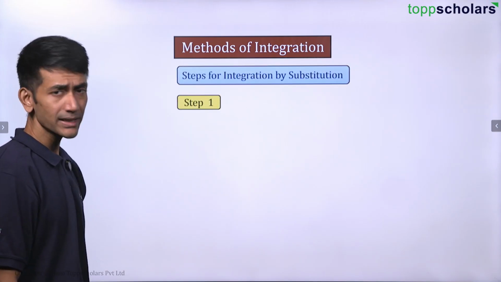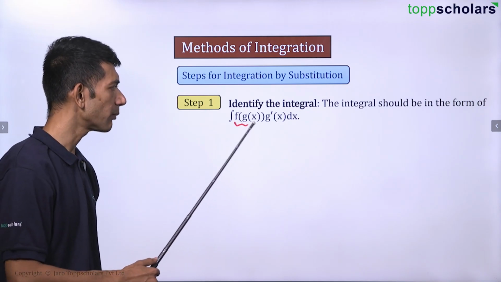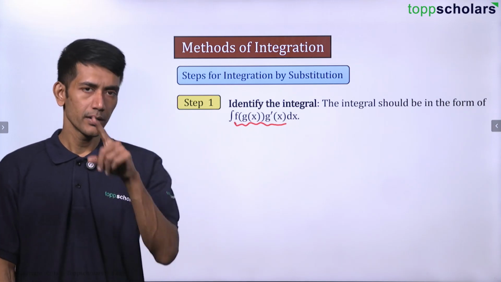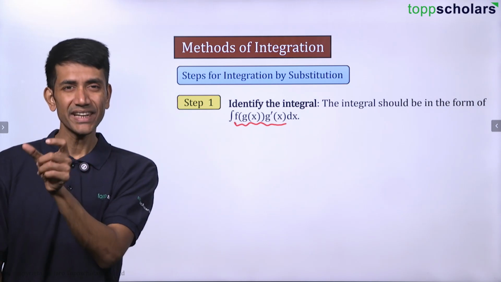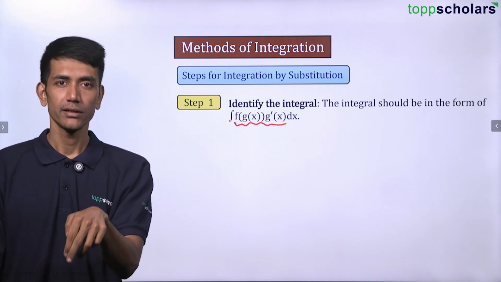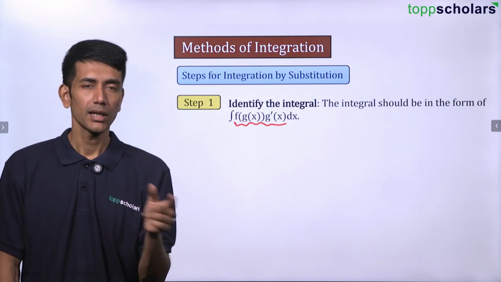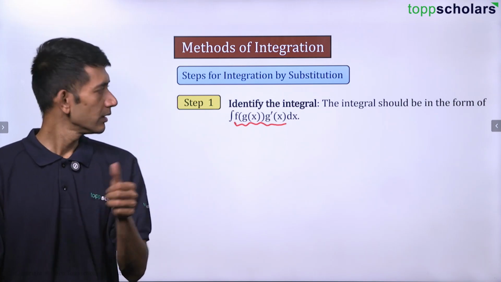Now let us see some of the steps. The steps involved are, we identify the integral, it should be of this form. Basically what they're trying to say, to give a simple idea: if you see a function and you also see the derivative of that, in those cases you will apply the substitution method. Like if you see sine, and you also see cos, then you can apply this.